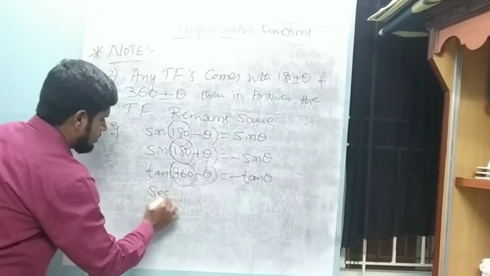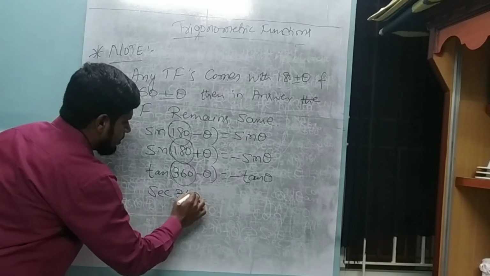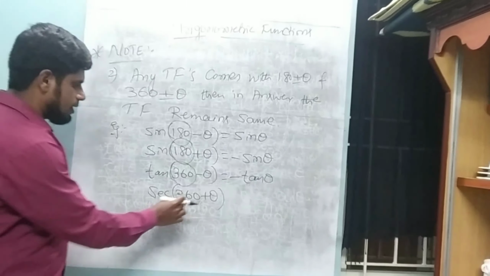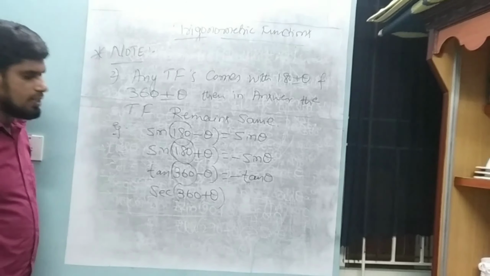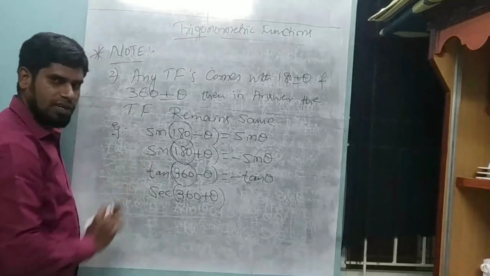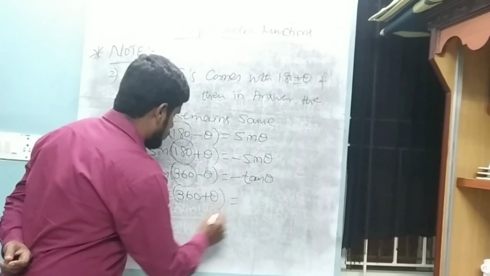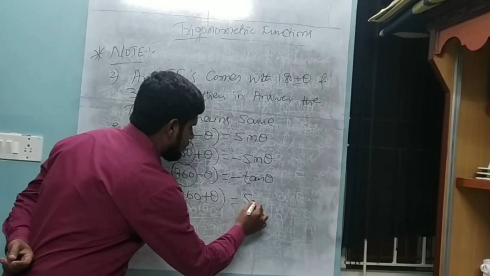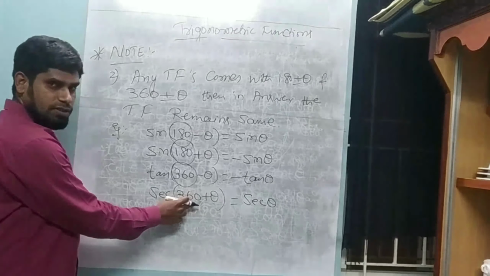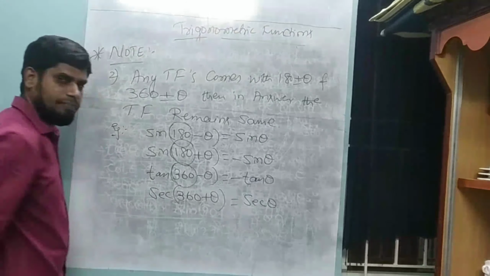Like that, secant 360 plus theta. Student, 360 plus is in the first quadrant. In the first quadrant all trigonometric functions give positive answers. So it is secant theta, because in the first quadrant all are positive, and because of 360, the function remains the same.